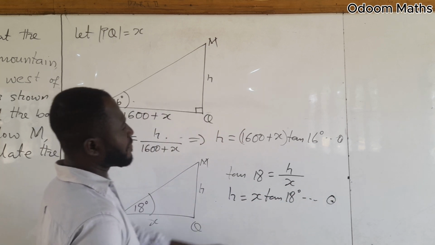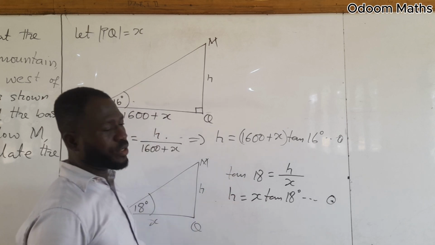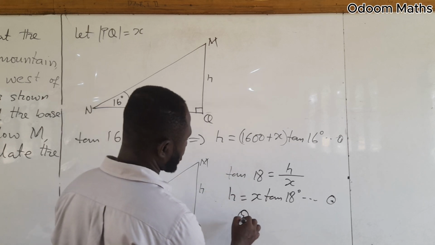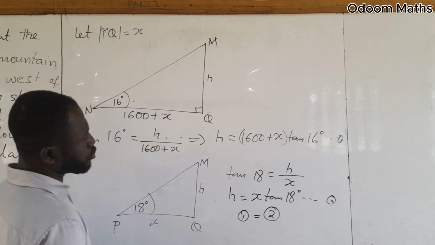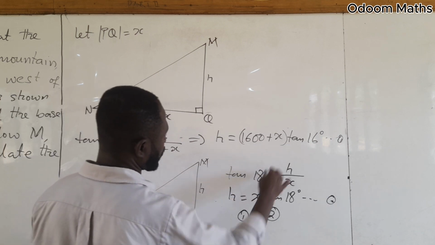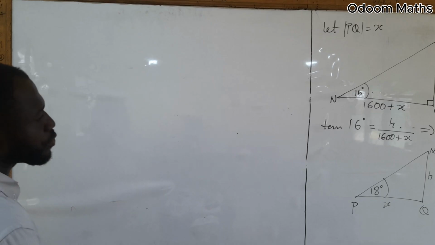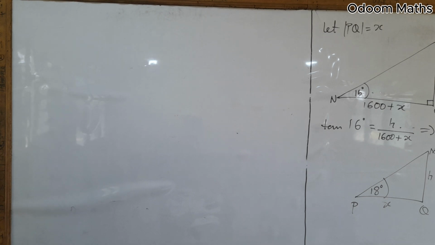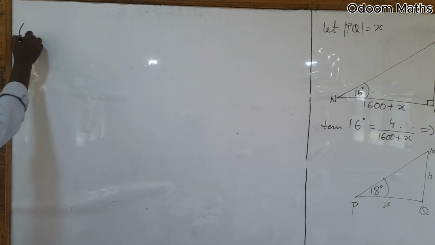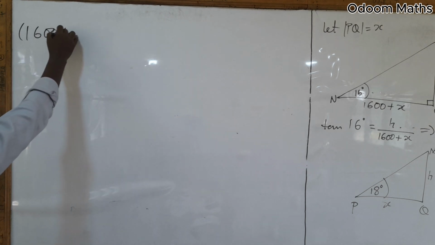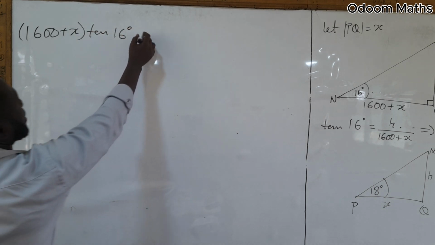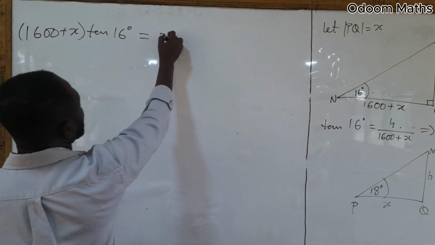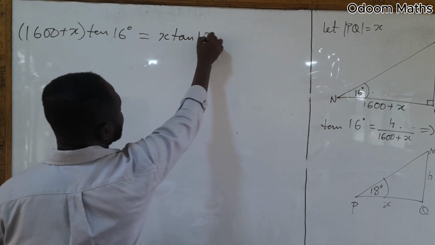So since we have h in both equations, we can equate equation 1 and then 2. So equating equation 1 and 2, equation 1 is in brackets 1,600 plus x tan 16, and that should be equal to x tan 18.